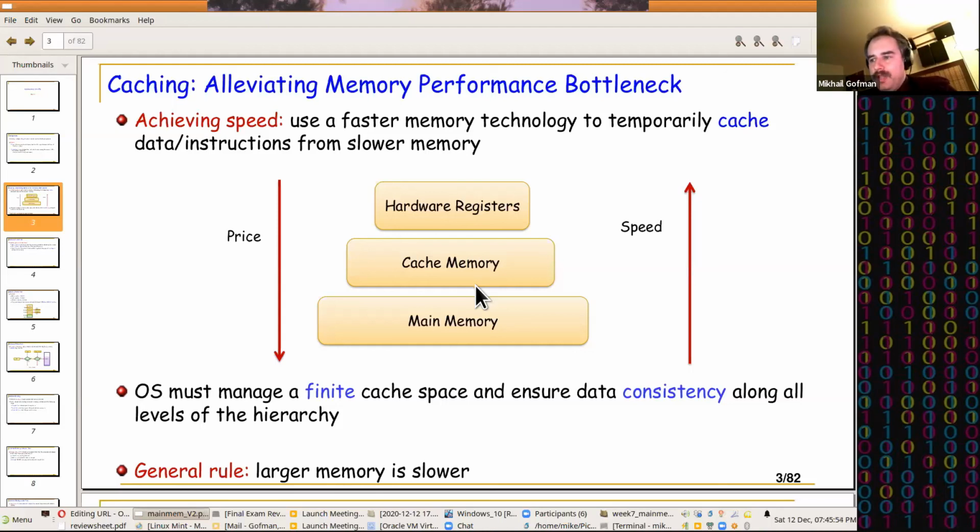So it is possible that, for example, a piece of data from the main memory might be cached in the cache memory, and then data from that cache can be cached in another level of cache right here. So if I access the data very often from the main memory, I can cache it in the cache memory.